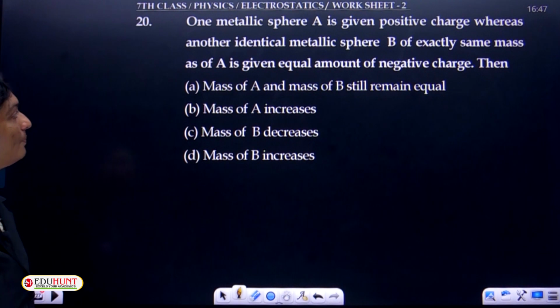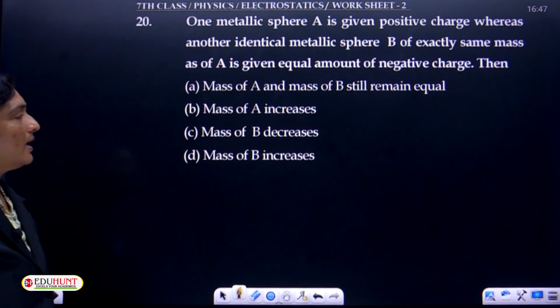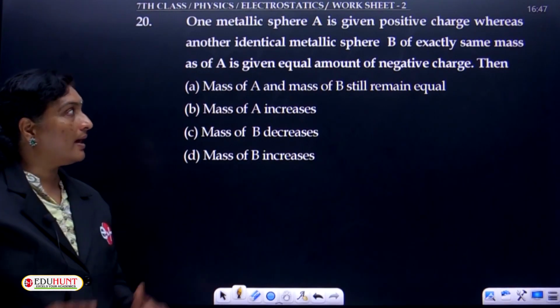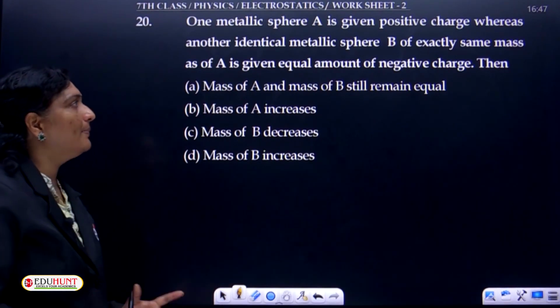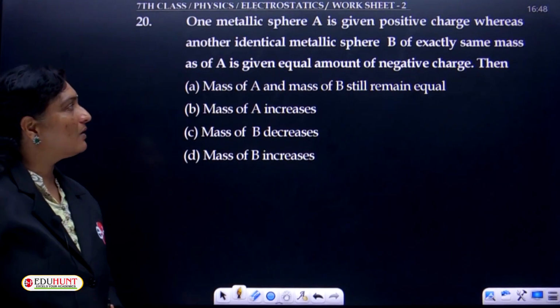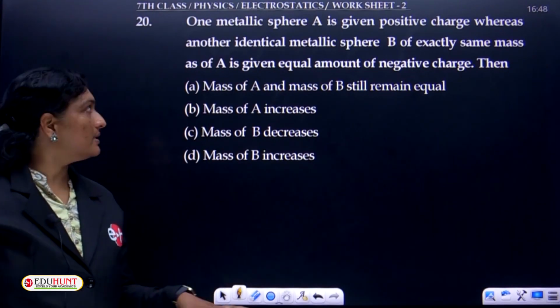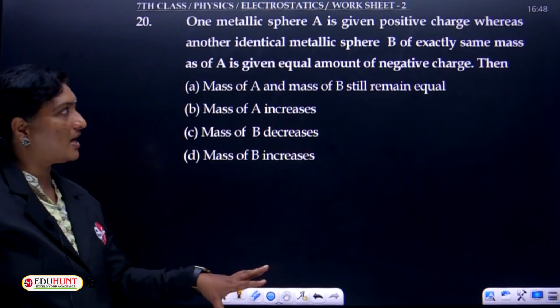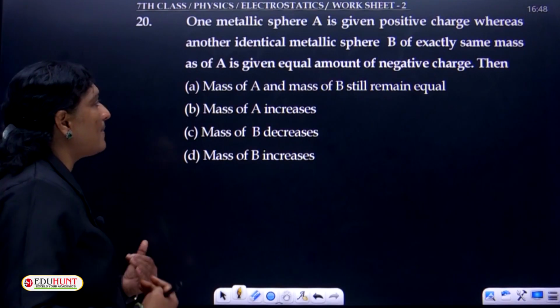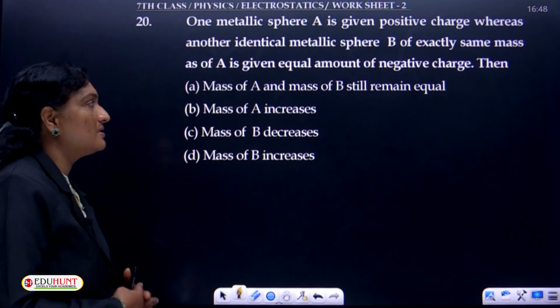So, here we go. One metallic sphere A is given positive charge, whereas another identical metal sphere B of exactly same mass as A is given equal amount of negative charge. One is given a positive charge, another is given an equal negative charge, then do the mass of A and mass of B still remain equal?